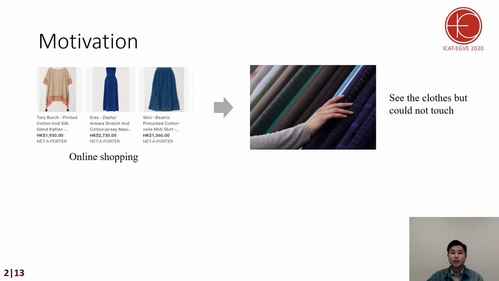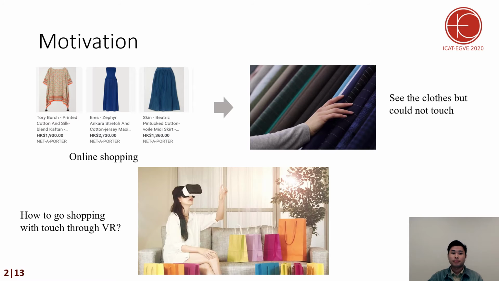Why do we want to do this work? Well, all of us are living in an online world. We could select our preferred products through online shopping platforms, especially now that the coronavirus requires us to stay at home, so online shopping becomes more popular. However, consumers could only see the pictures on the website but not touch them, which is one of the main drawbacks of online shopping.